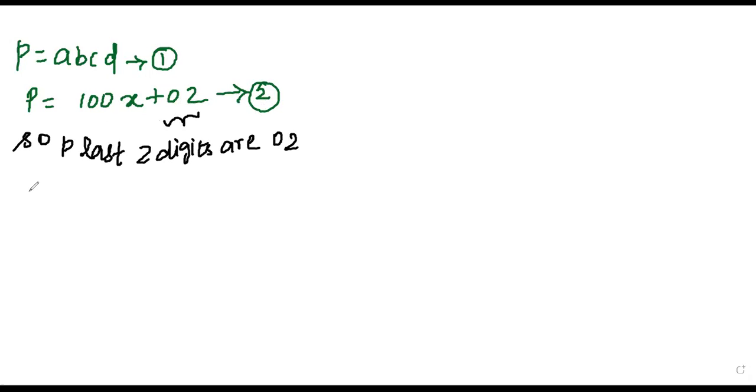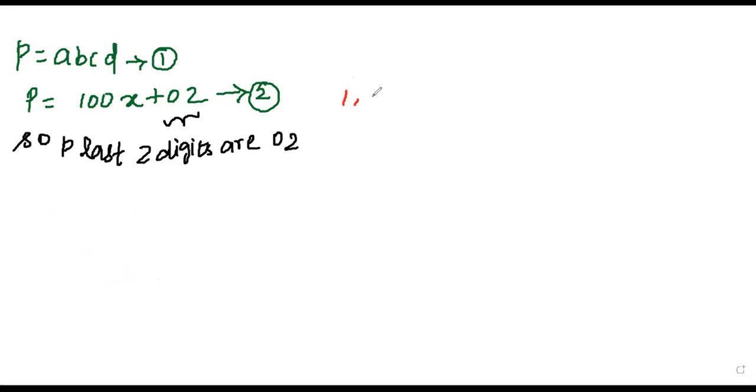For example, if you substitute 1, you will have 102 as the answer. If you substitute x as 2, you will have 200 plus 02, which is 202. So you will always end up having 02 as the last two digits. Okay, I hope it is clear.